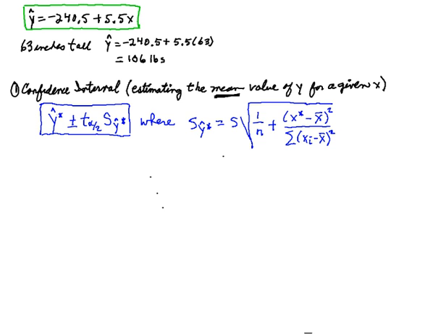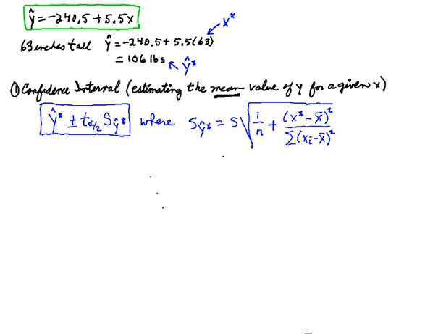So the value for this, the y star with the hat, is actually our 106 for a particular value of x. And in this case, our particular value of x is the x star, 63.